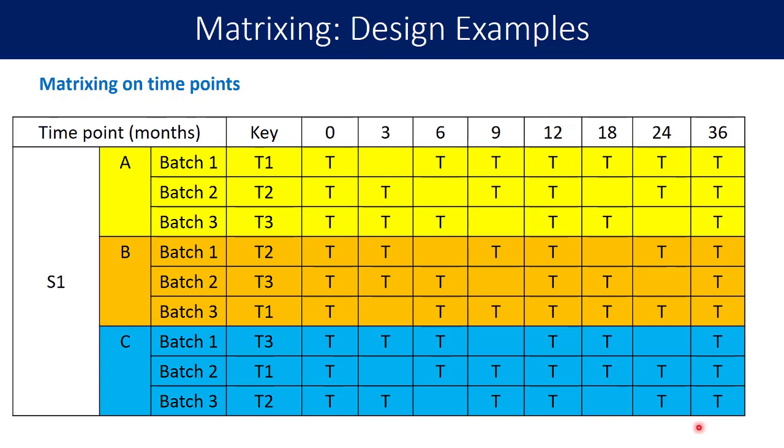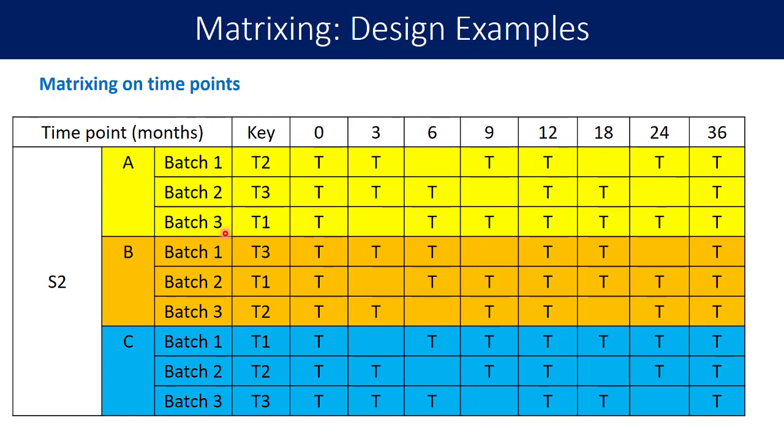So by having this key information, I can design my whole protocol for the S1 strength for different container sizes for 3 different batches. Similarly, I can also calculate the testing plan for the other strength, that is S2, and for S3 also.